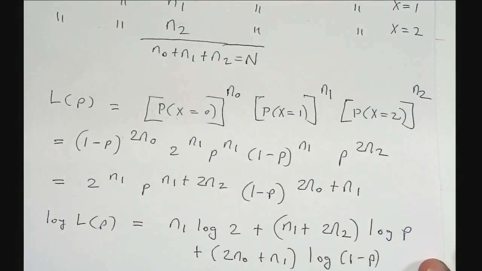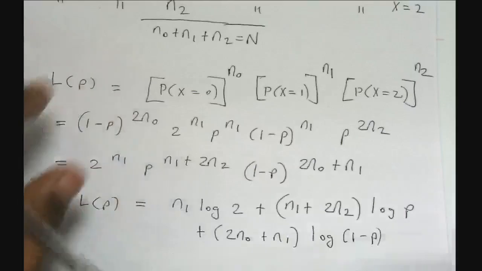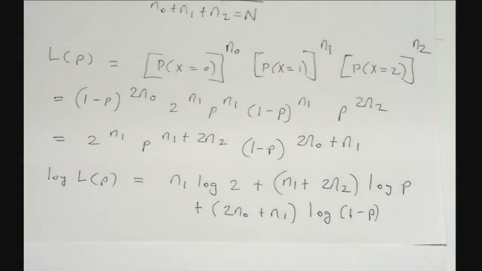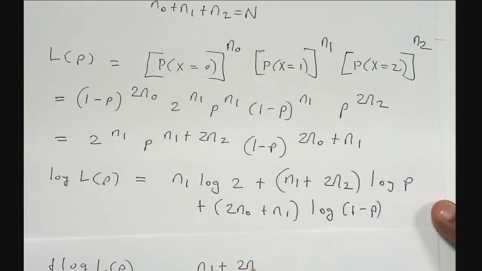Alright, the next step, as you all know, is to take the derivative with respect to p. If you take the derivative of this with respect to p, you get n1 plus 2n2 divided by p minus 2n0 plus n1 divided by 1 minus p.